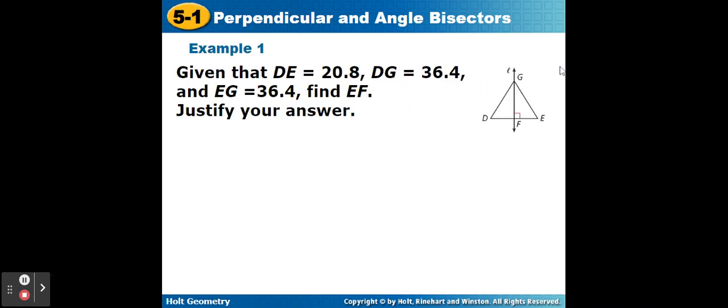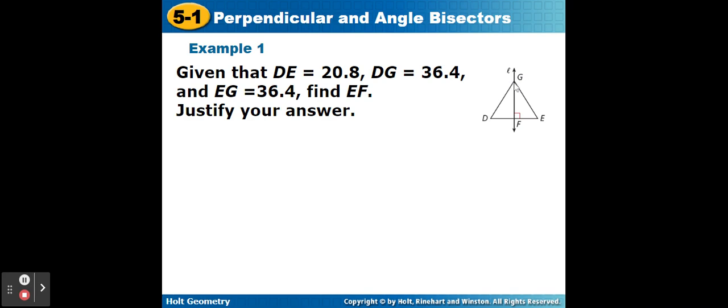So here's an example. Now in this diagram, we see that DG is 36.4, EG is also 36.4, and DE is 20.8. So we are additionally given this information that GF is perpendicular to segment DE.